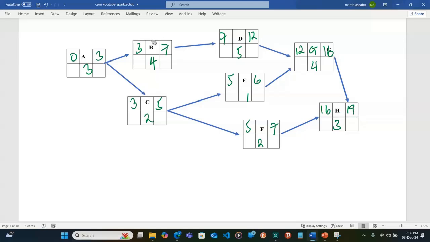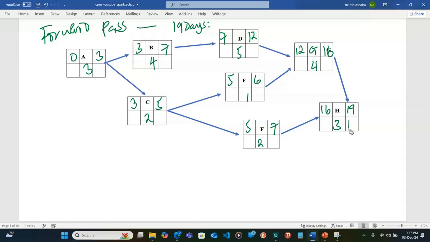Okay, so that means the forward pass has been completed. We see that the project duration is 19 days, since G gives rise to H. If we are doing the backward pass, we now move backwards instead of forwards as in the forward pass.